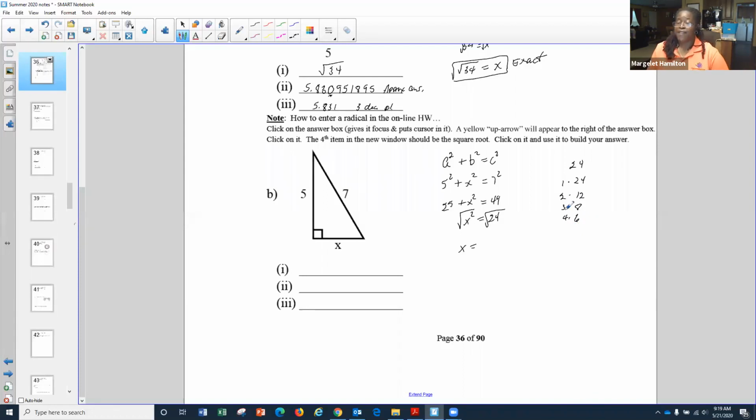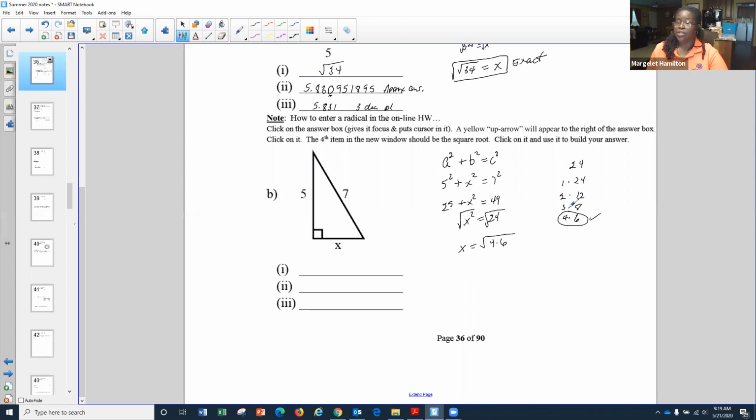So when we look at our factors, I see right here 4 is a perfect square. All right? Because 2 times 2 is 4. So right here, that's my set of factors that have a perfect square root in it. So I'm going to break that 24 up underneath my radical as 4 times 6.